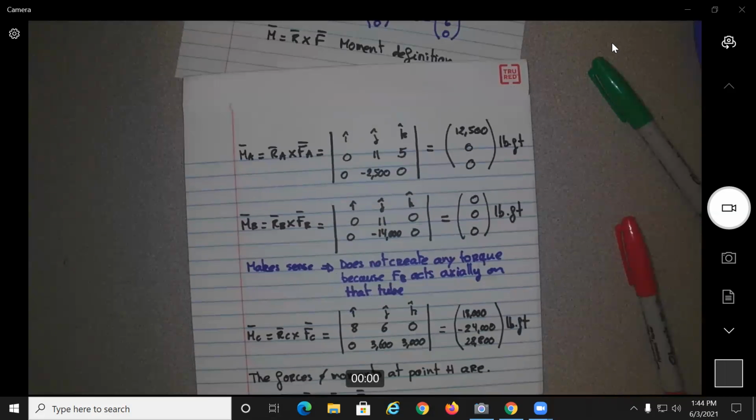So this will give us that the forces at point H, so let's say this is F sub H, will be equal to 0. So let's see, it will give what? This will be positive 1100. So this will be 12 minus 12,1,900, and the last one will be 3,000.